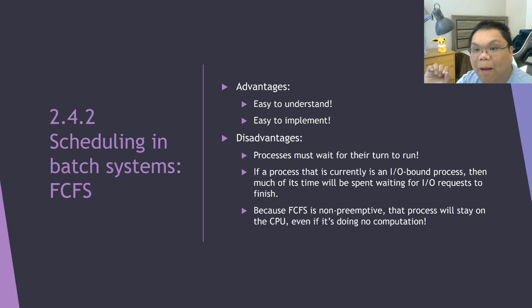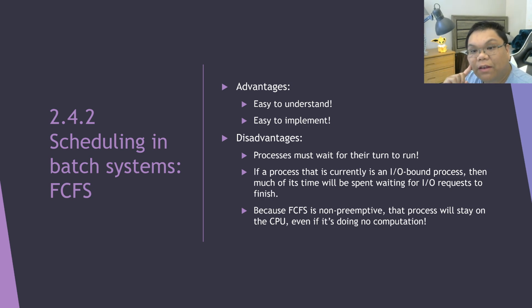That would be a good opportunity to preempt the CPU so that another process can run. But we are not working with preemptive scheduling systems right now. The point is this: if a process is doing a lot of I/O bound work, it would be considered unfair for any processes waiting in line.